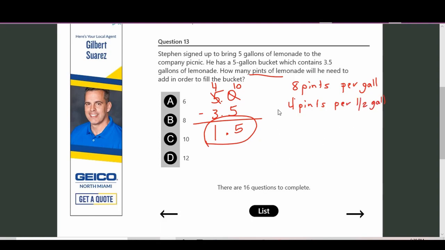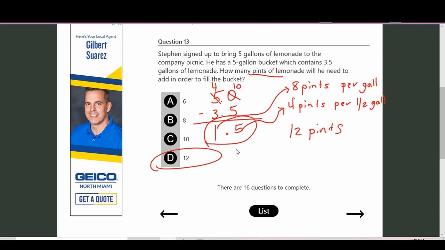So we can do this one mentally. Again, he has 1.5 gallons left to bring. So that 1 gallon is going to be 8 pints, and that half gallon is going to be 4 pints. 8 plus 4 is 12 pints, which is right here.